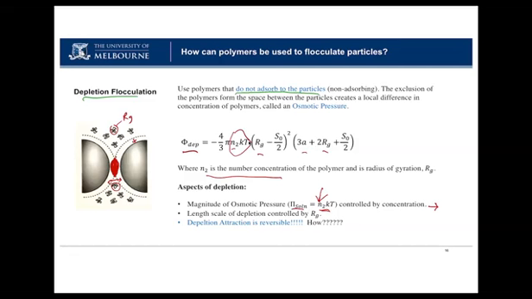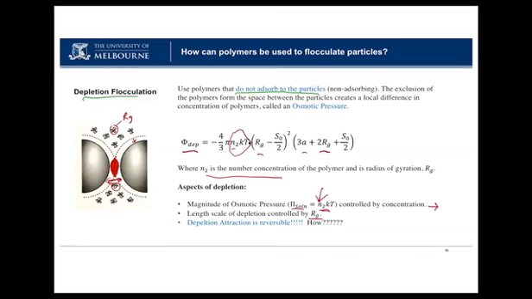But the length scale, how far apart those particles have to be for this to start to occur, is controlled by the size of the polymer, not its concentration. So the length scale is controlled by the size, and the magnitude is controlled by the number of polymers in solution.